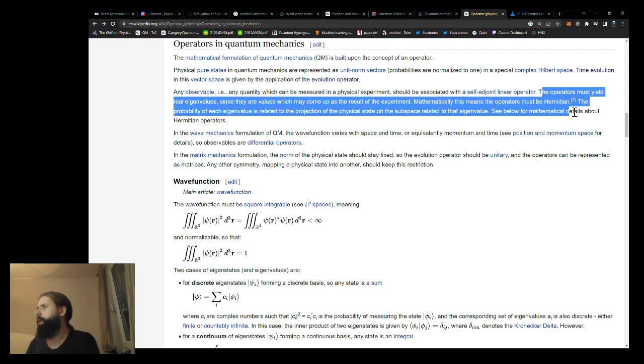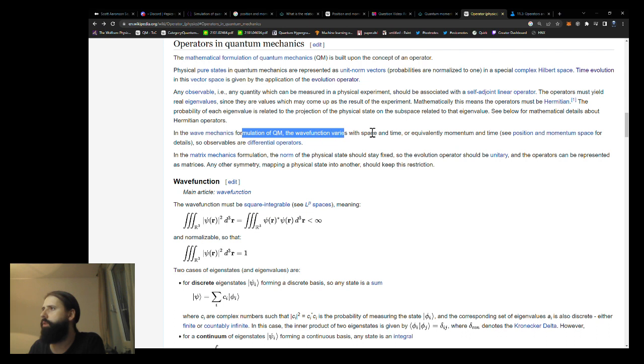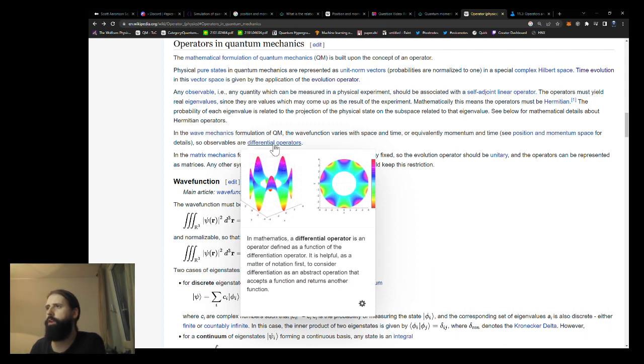See below for mathematical details about them in the wave mechanics formulation. And differential operators. In mathematics, the differential operator is an operator defined as a function of the differentiation operator.